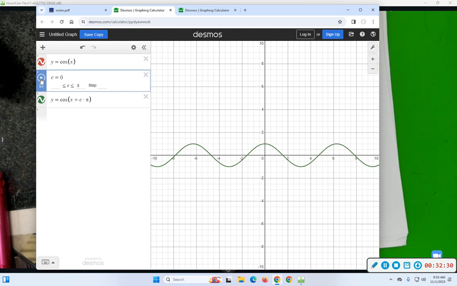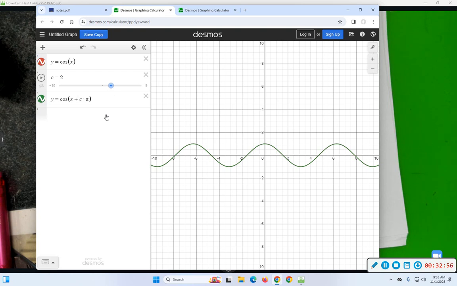So let's continue on. Oh, that's too fast. So let's get to 0. And let's start going forward. As that constant goes up, the graph shifts to the left, but you know that's what it should do. And it looks like right about there, it lands on top of itself again.